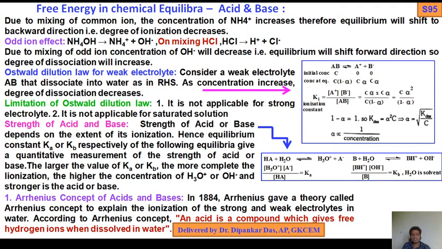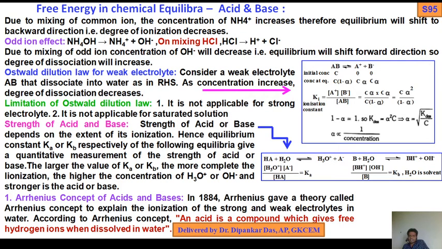Okay, so consider a weak binary electrolyte AB that dissociates in water as AB giving A plus and B minus. Initially the concentration of AB before starting the reaction is C, and the concentration is 0 for A plus and 0 for B minus. Concentration at equilibrium, what will happen?